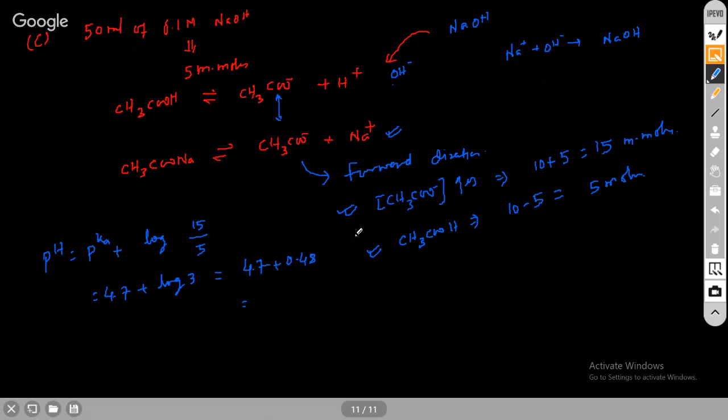Now there are some facts that you must keep in mind: for an effective buffer, the ratio of salt by acid should lie in this range. Write this down: salt by acid should lie in this range for an effective buffer solution.